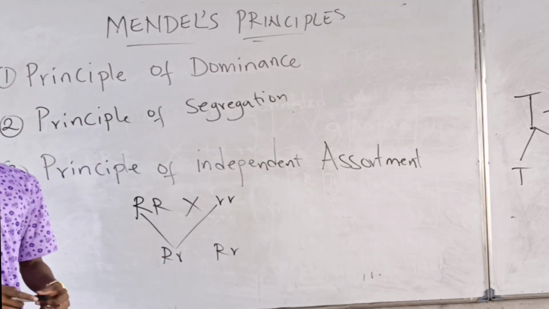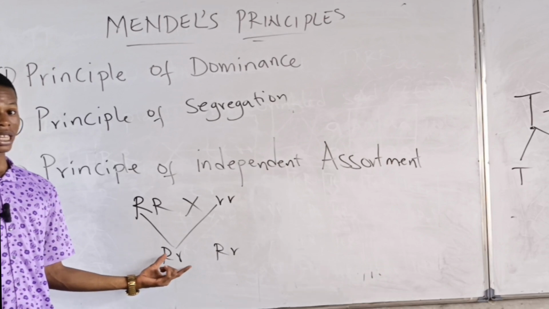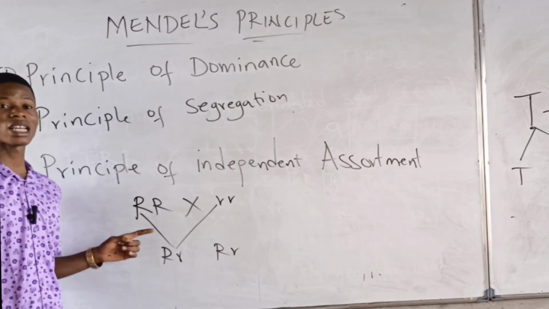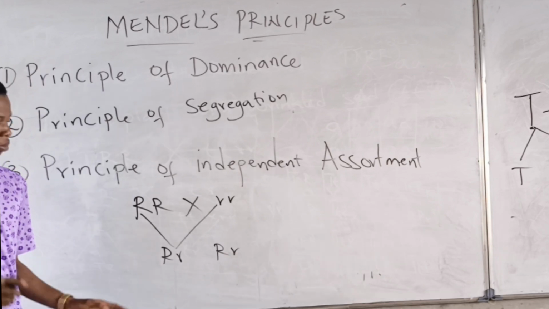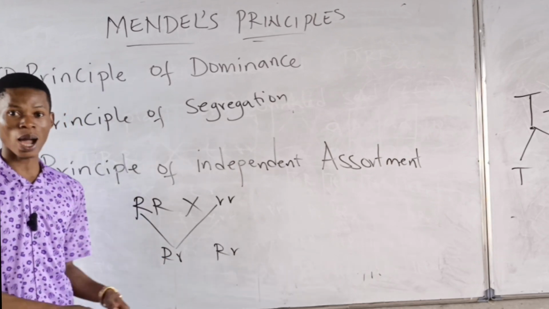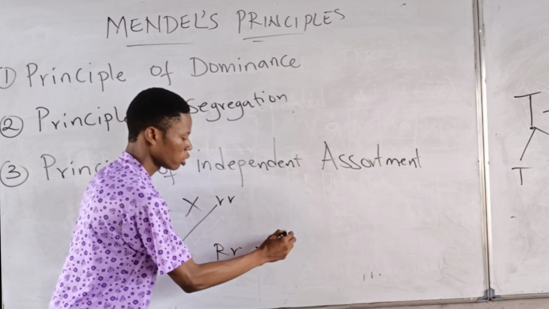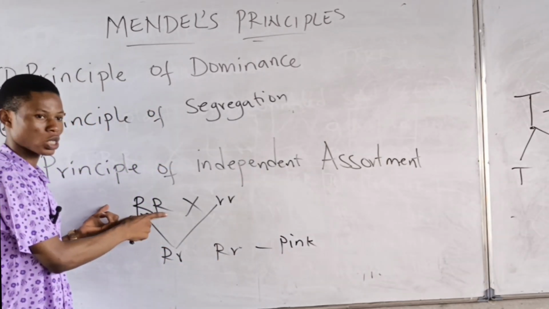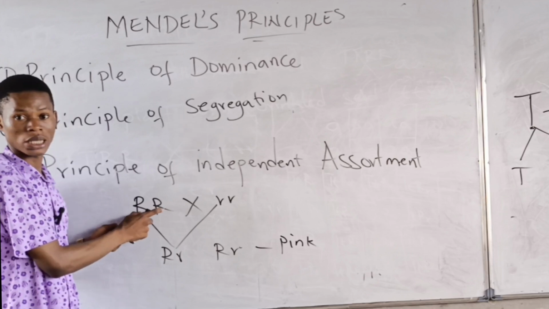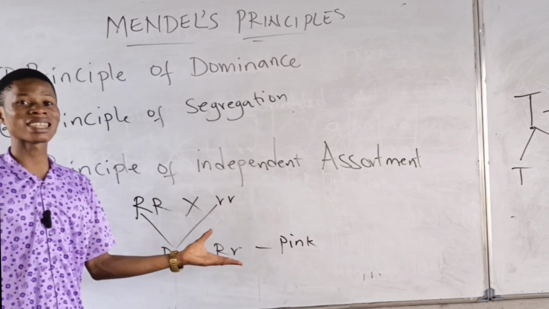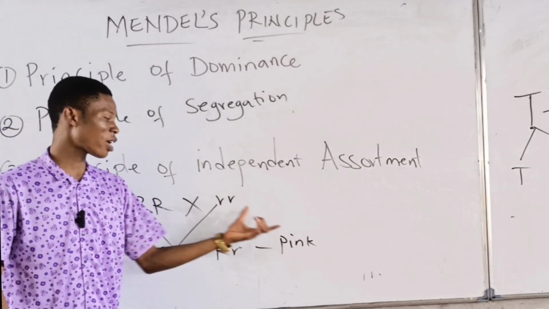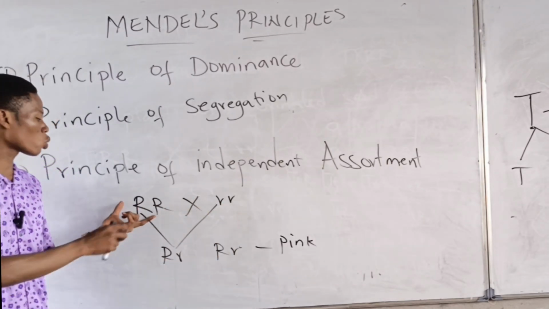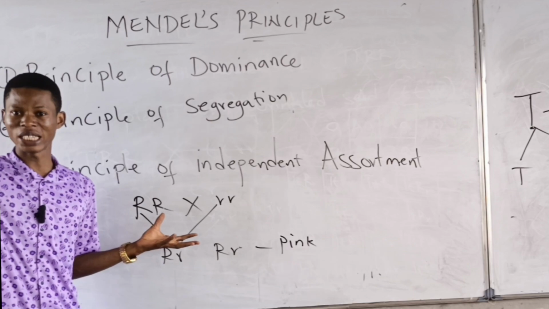Yes. Now, in a normal case, the offspring are supposed to be red, right? Because this is dominant. But in case of incomplete dominance, instead of red, they are pink. This is a case of incomplete dominance. If you cross a red colored plant with a white colored plant, and you have an intermediate color that is different from any of the parents, that is called what? Incomplete dominance. This one is not completely dominating.